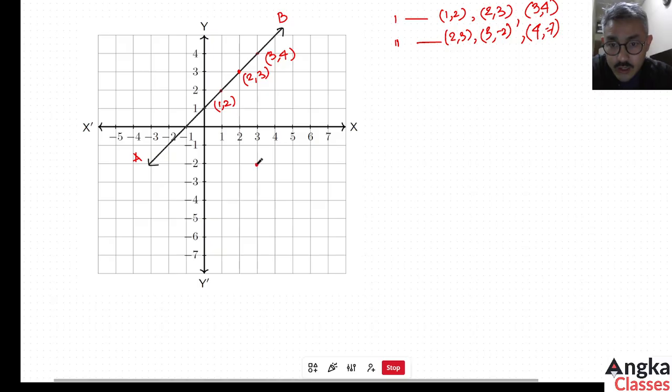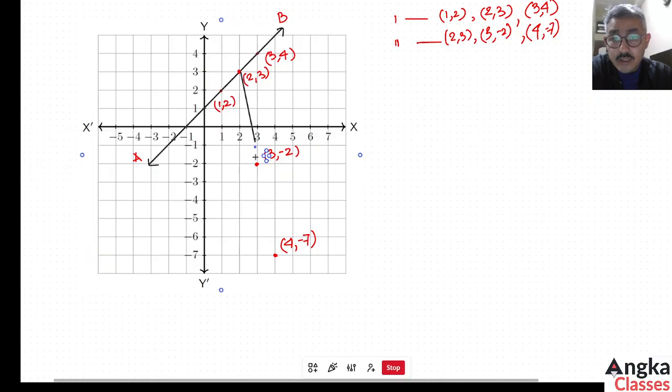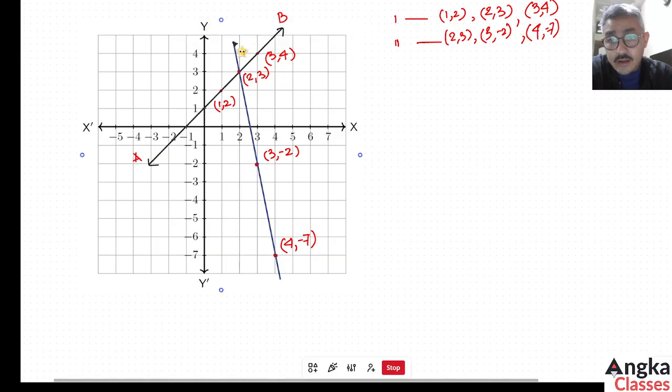Then 4, minus 7. Joining these points, we get a line, which is the line for equation 2.